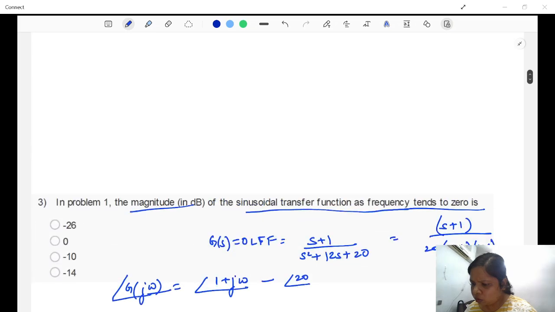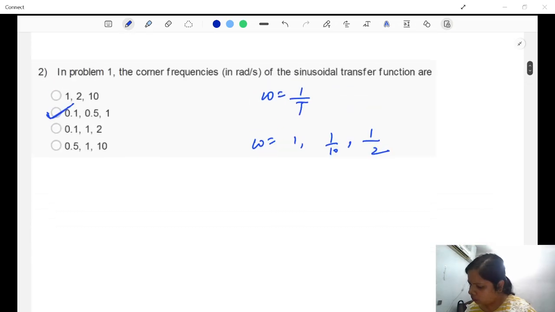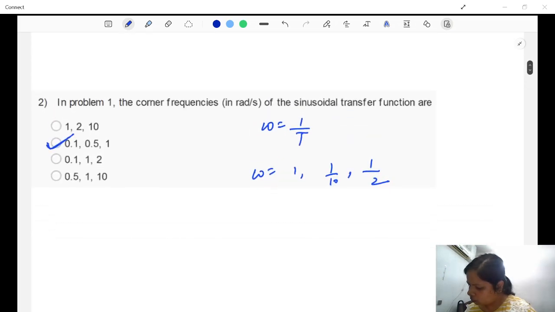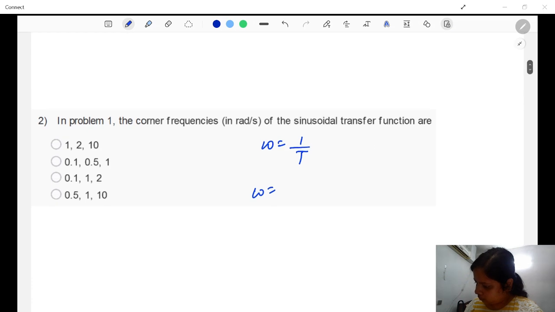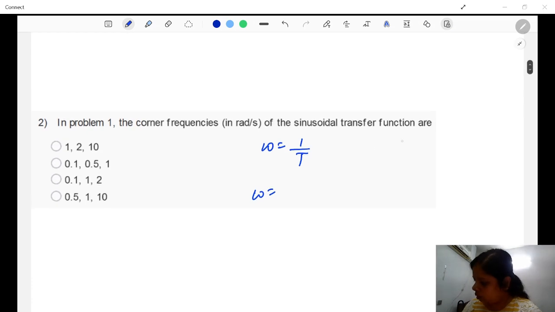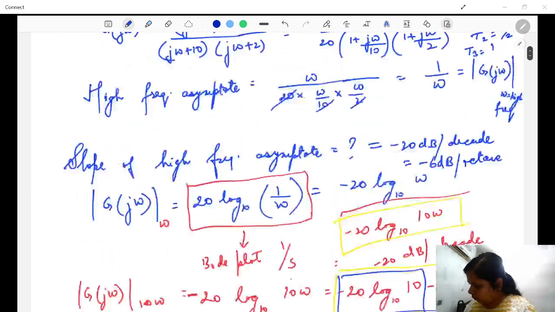1, 10 and 2. I'm sorry. It would be 1, 10 and 2. Let me make it clear once more.